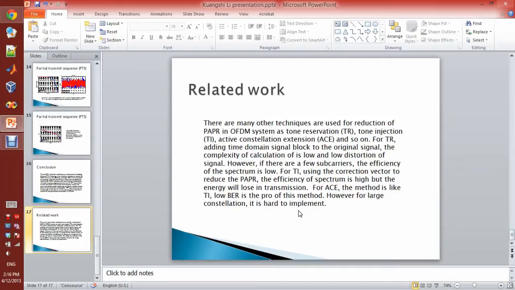However, if there are few subcarriers, the spectrum efficiency is low. And for TI, using a correction vector to reduce PAPR, the spectrum efficiency is high, but energy will be lost in transmission. For ACE, the method is like TI. Low bit error rate is a pro of this method. However, for large constellations, it is hard to implement.